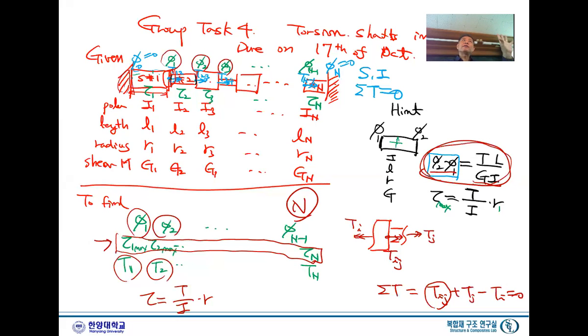But remember, last time you have to invert this matrix. I'm sure this one will have some kind of coupled linear system, F equals kx. I'm sure about that. So if you have 10 shafts, it will be a 10 by 10 equation you have to invert. But thanks to Excel, M inverse, you can easily do it numerically, right?